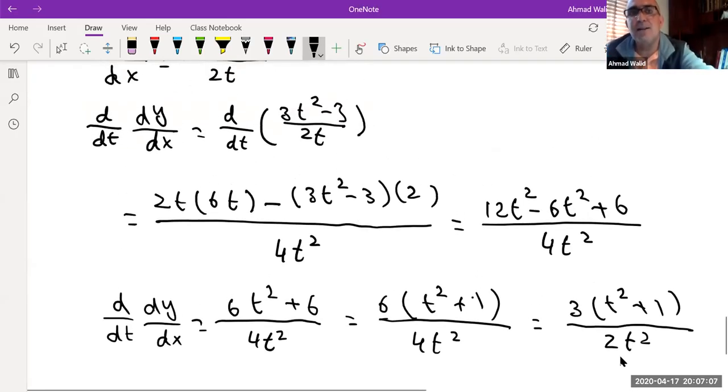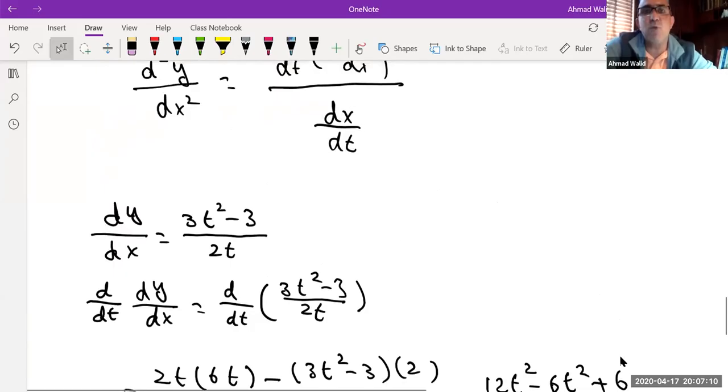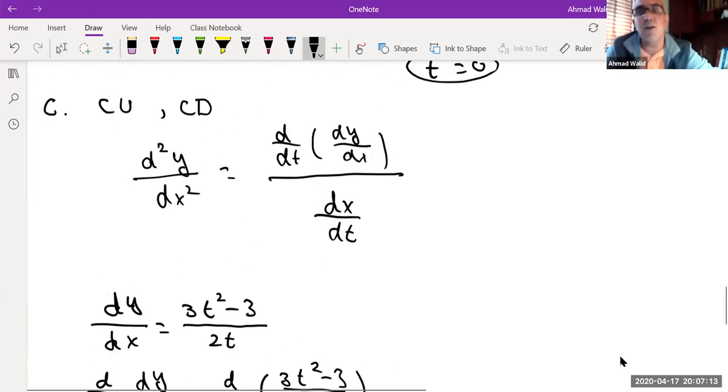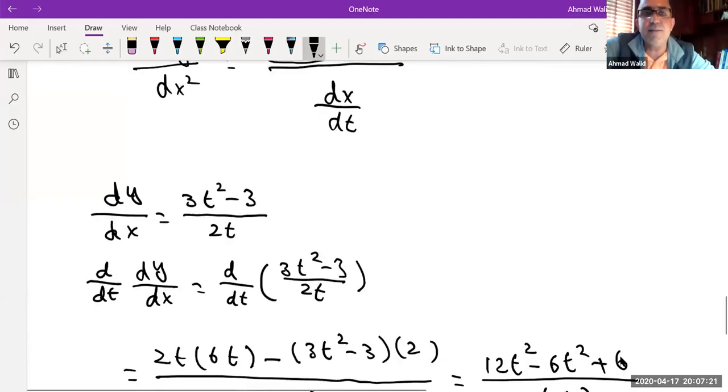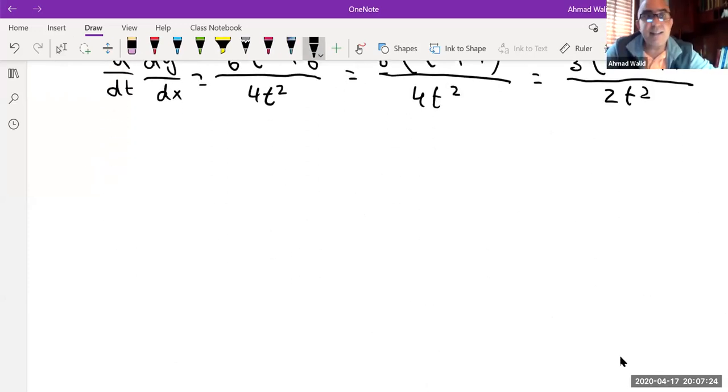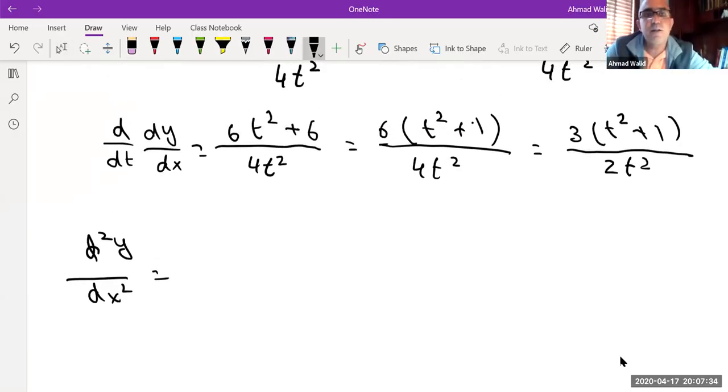Look at my formula. Here, I have to plug it in this one. I just calculated the top portion. Now I have to put it over dx/dt, right? Then I can say the second derivative equals this function that I just calculated for you, 3 times (t squared plus 1) over 2t squared, all over dx/dt.